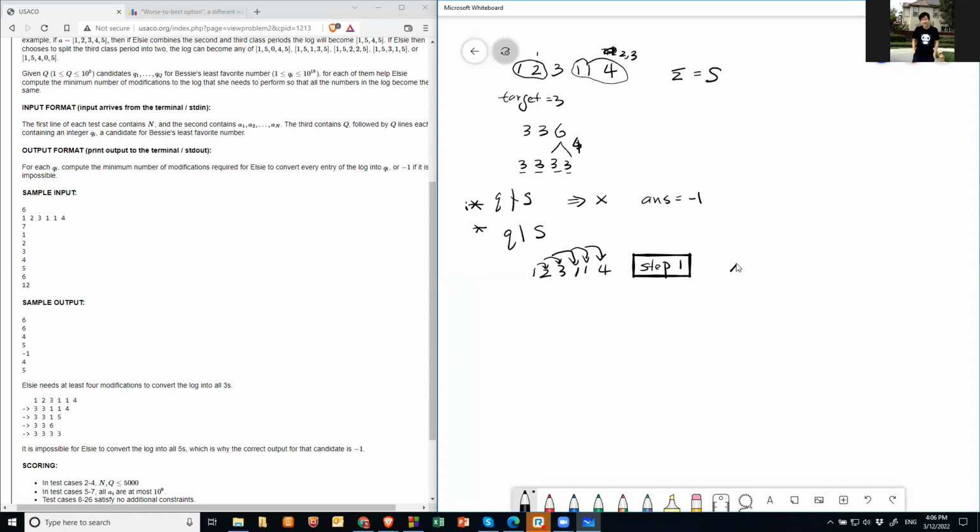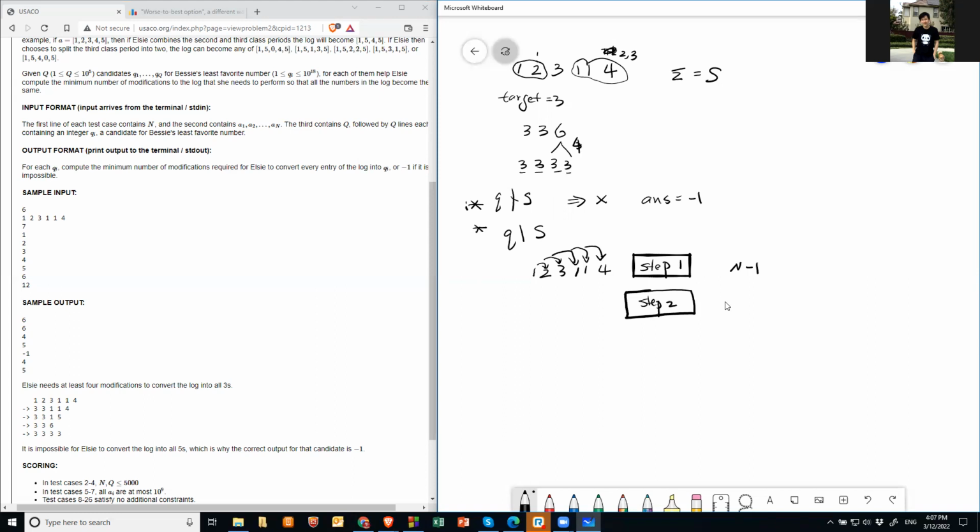Obviously that takes n-1 steps. Step 2: now I have one single number s, so I split s into q's.